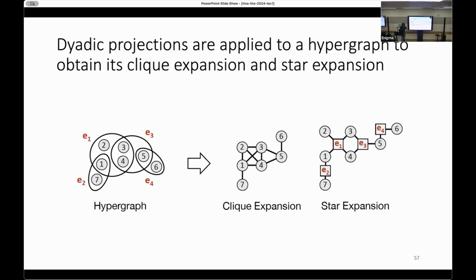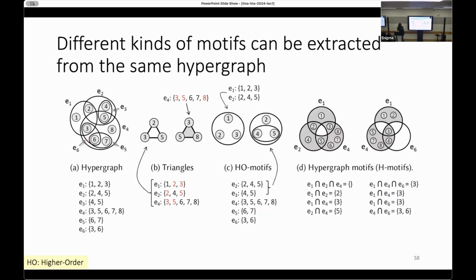Then we looked at different ways that people take a hypergraph and represent it. You can have a clique expansion where a hyper edge becomes a clique, or you can represent it as a bipartite network, what's called here star expansion. And then you can extract many different kinds of motifs.